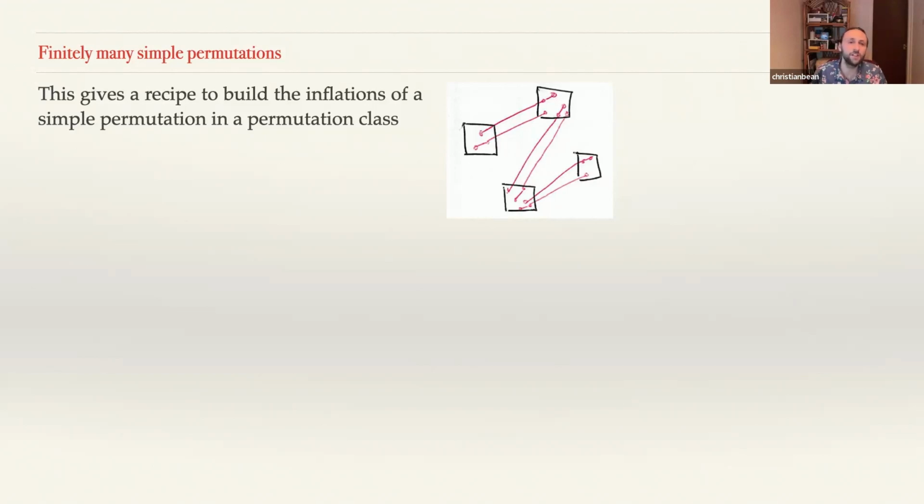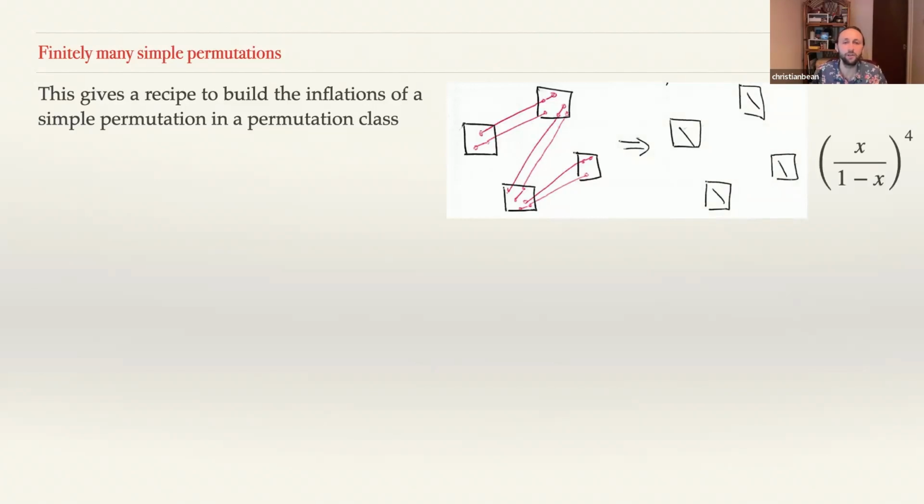And since this is an inflation, I know that each of the boxes contains at least 1 point. So if you stare at these, that tells me that some of these cells must actually be avoiding 1, 2. So in particular, the inflations simply become, in each of the boxes, some decreasing sequence. So this would be counted by x over 1 minus x to the power of 4 for the generating function.